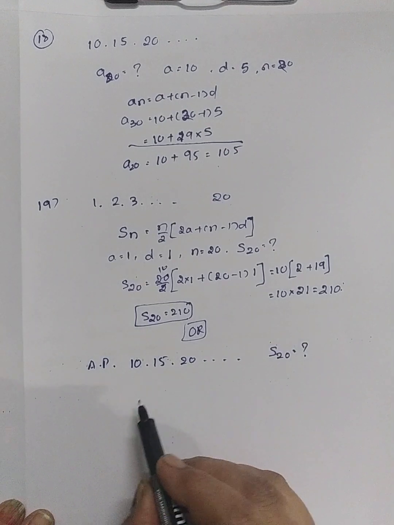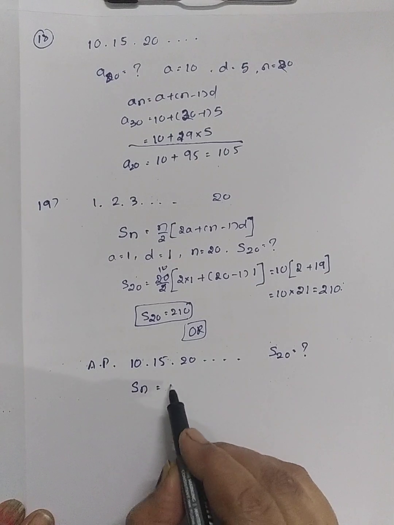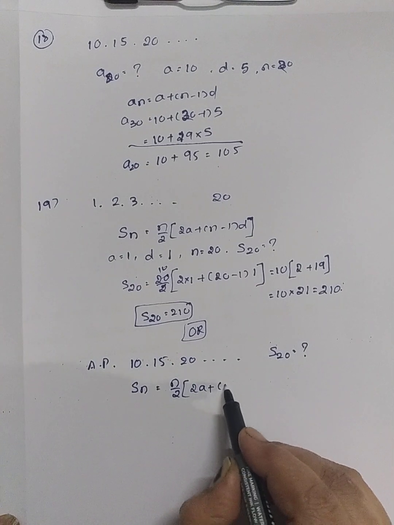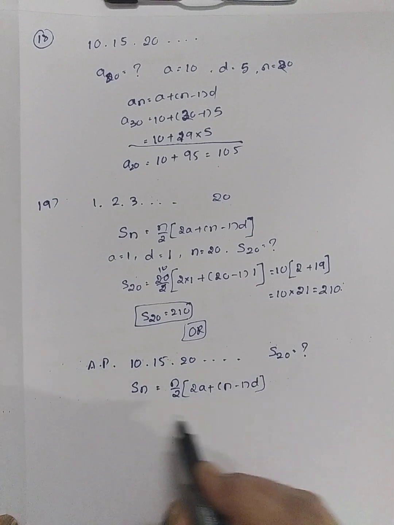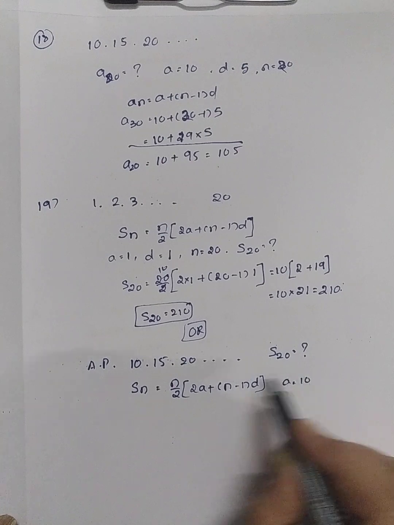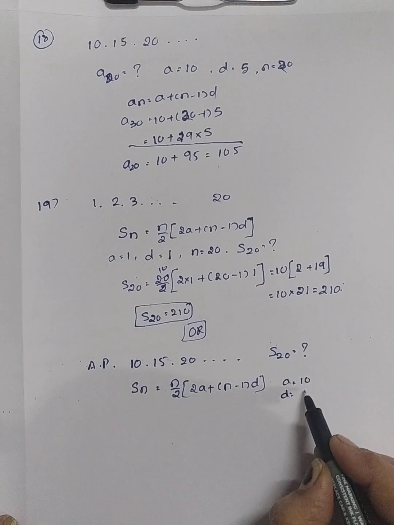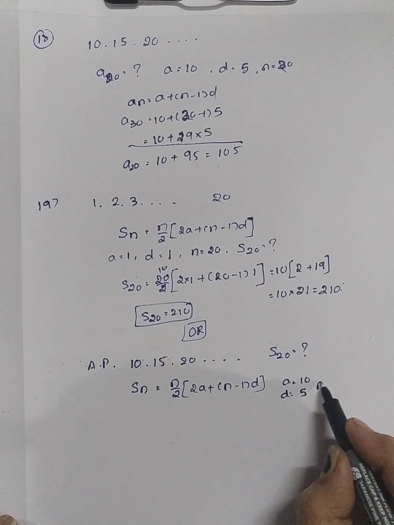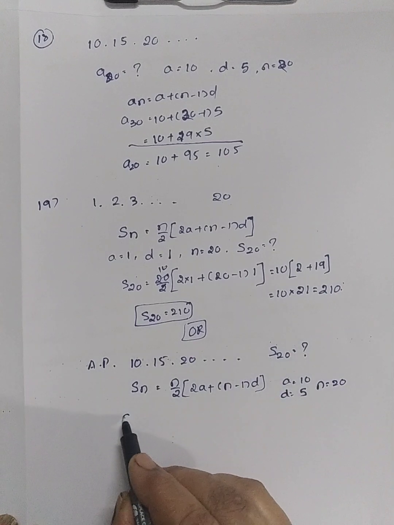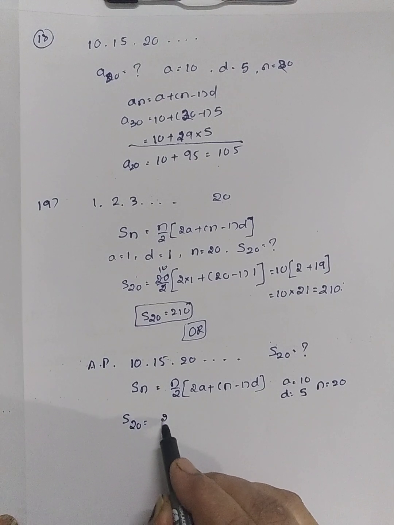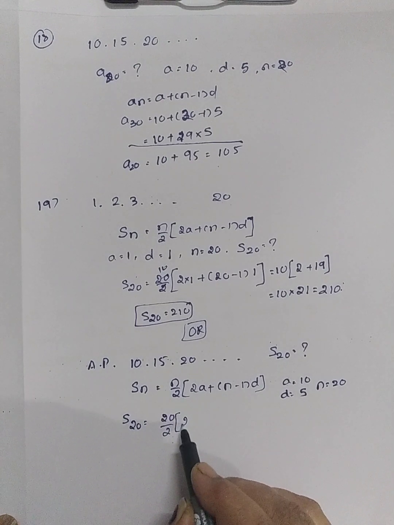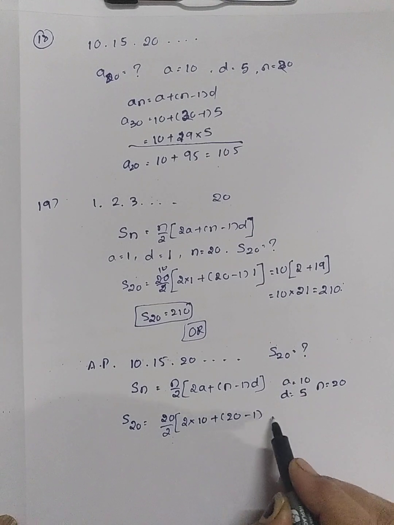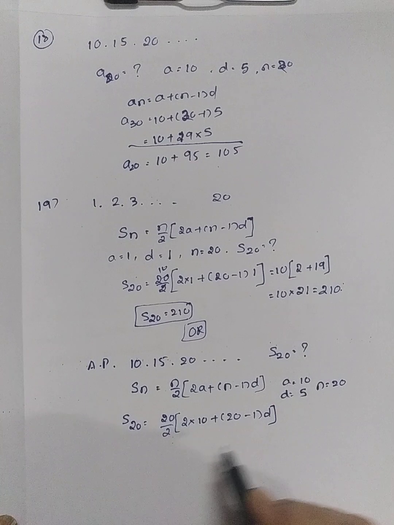You have to find the sum of 20 terms. So again the formula for the sum of the terms is Sn equal to n by 2, 2a plus n minus 1 into d. A is 10 and d is 5, 15 minus 10, and the number of terms is n equal to 20. We will substitute, that is S20 equal to 20 by 2, 2 into a, that is 10, plus 20 minus 1 into d.